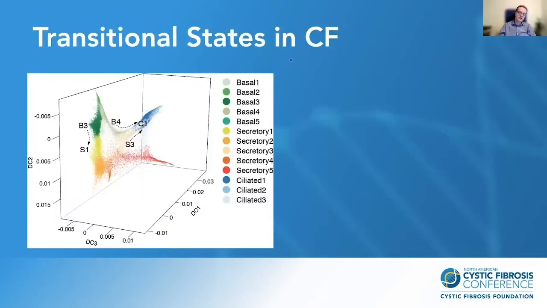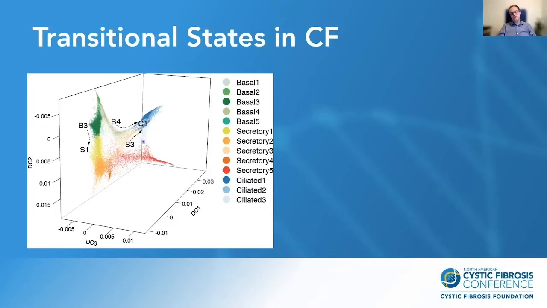Here on the left is a so-called dimensional reduction in which each dot represents a cell, and the position of each dot is in relationship to how similar the transcriptome of each cell is to the others. It is color-coded to describe basal cells in green, secretory cells in orange and red, and ciliated cells in blue.